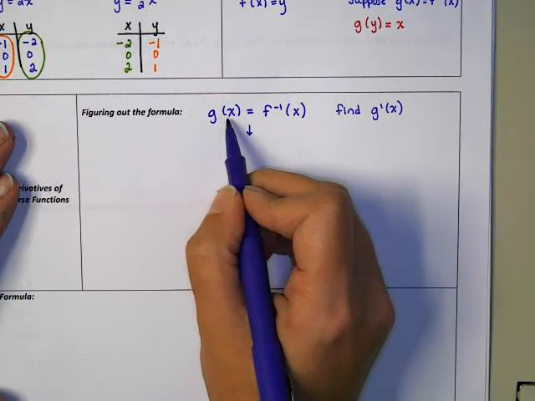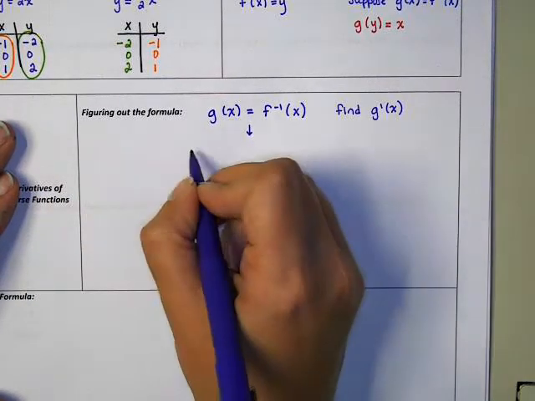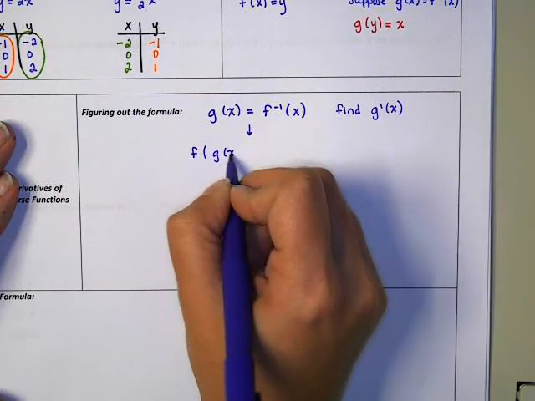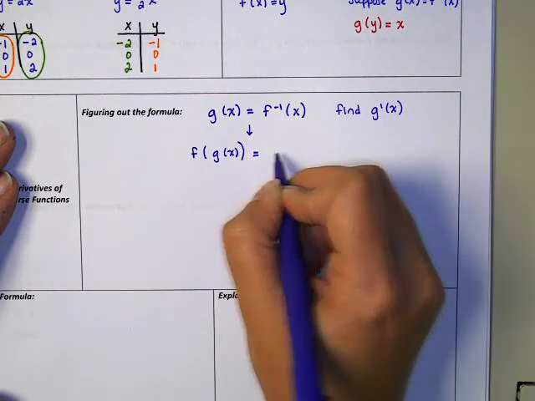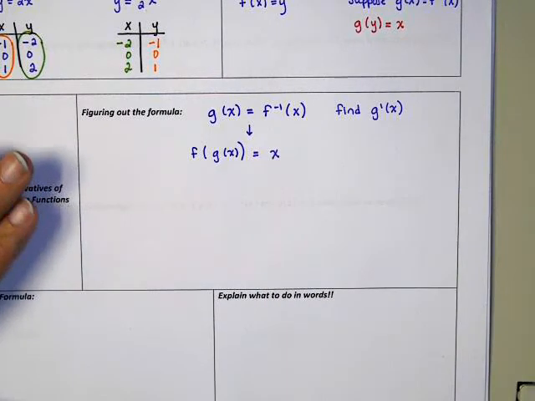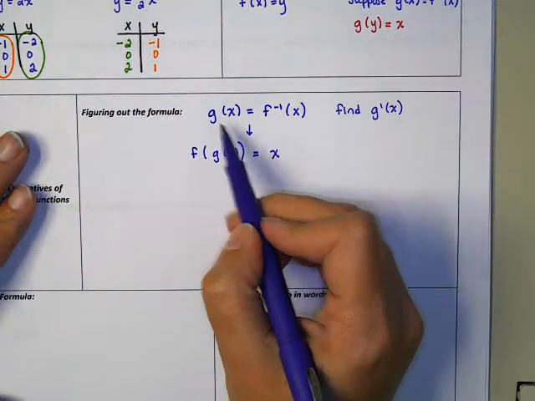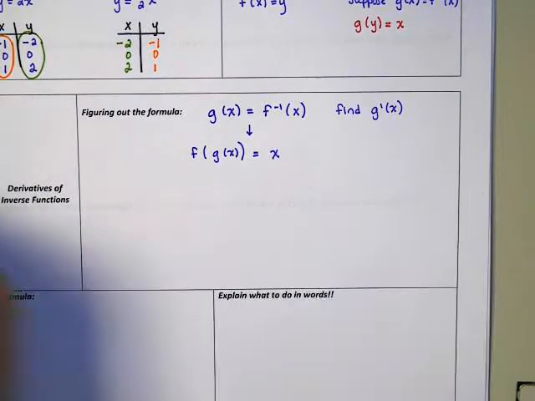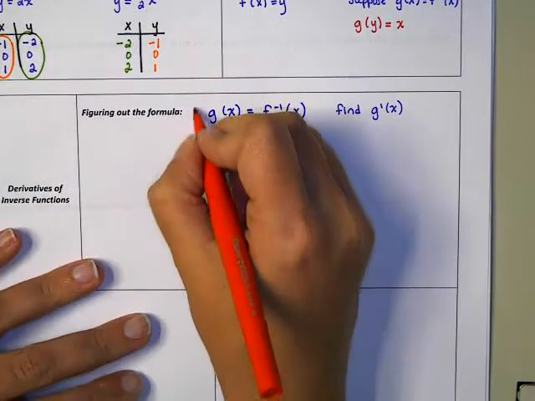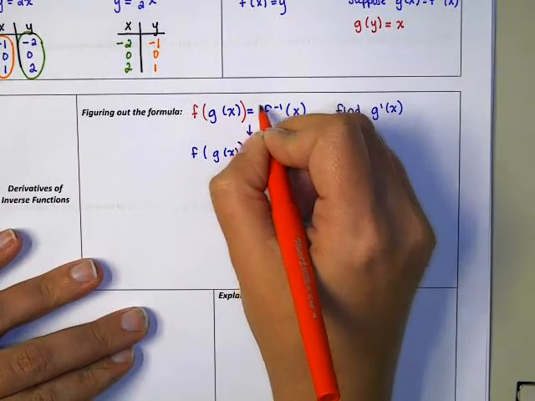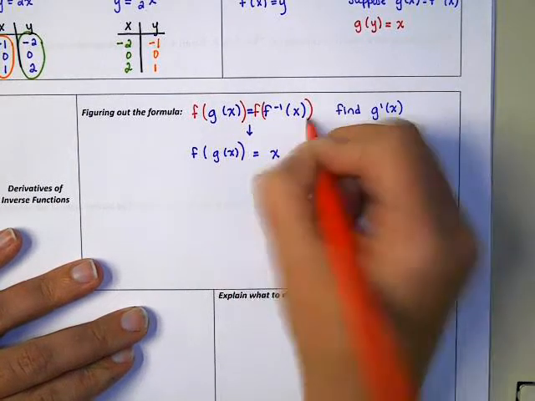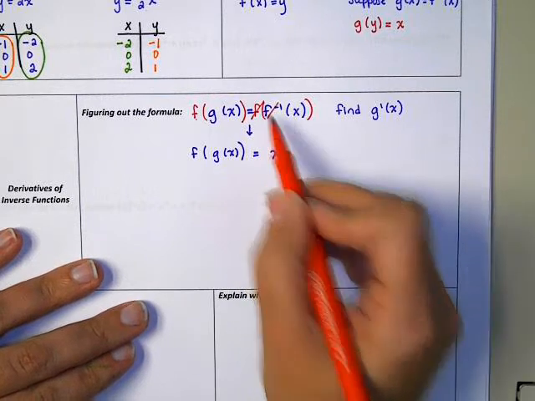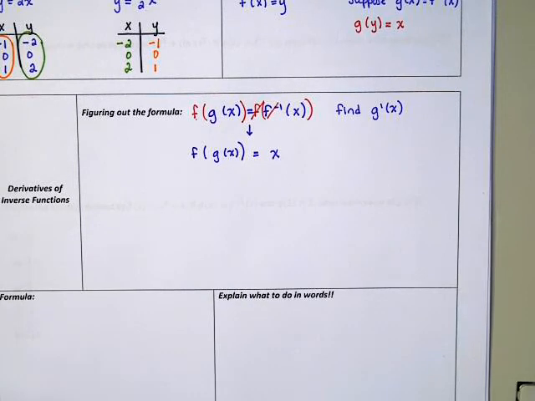If g of x is the inverse of f, then I can take f of both sides and write this in a different way. So instead of saying g of x equals the inverse of f, I could just take f of both sides. F of g of x, now, f and f inverse are opposites, so they cancel, is just x.